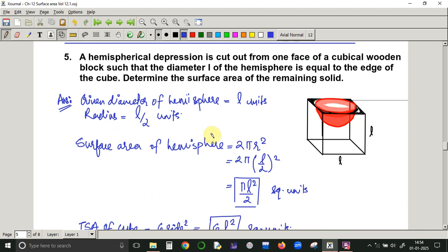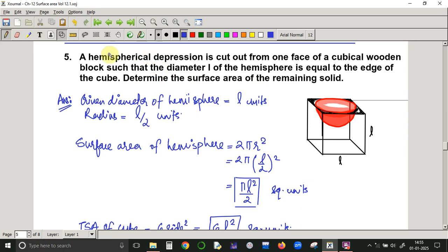Fifth question. A hemispherical depression is cut out from one face of a cubical wooden block such that the diameter L of the hemisphere is equal to the edge of the cube. Determine the surface area of the remaining solid.